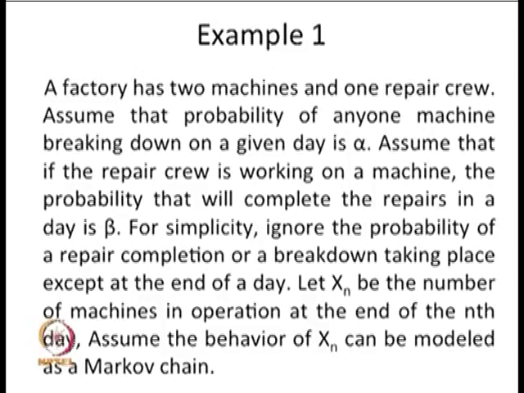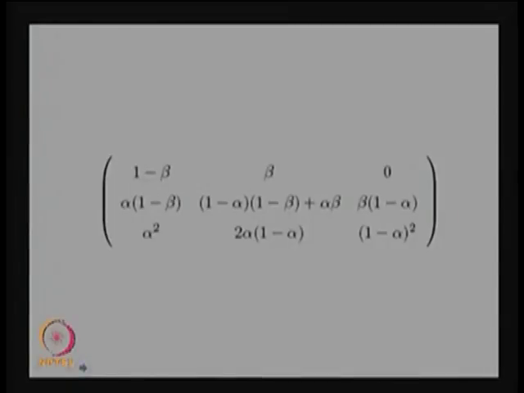Since it is a time homogeneous DTMC, we are trying to find the one step transition probability matrix for the given time homogeneous DTMC. So, this is the one step transition probability matrix P, and the possible states are 0, 1 and 2.